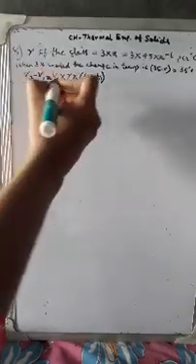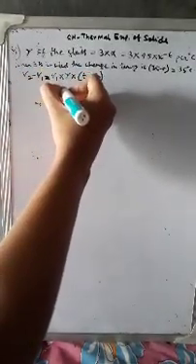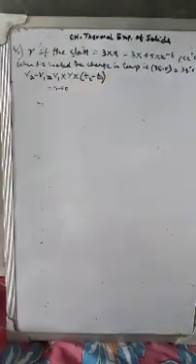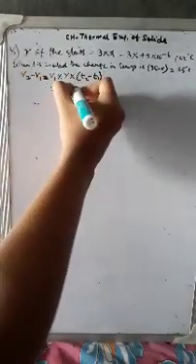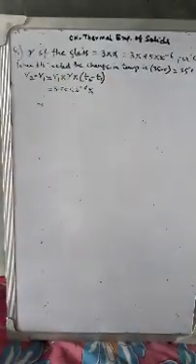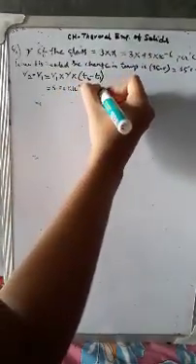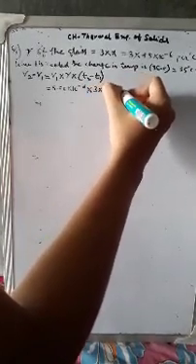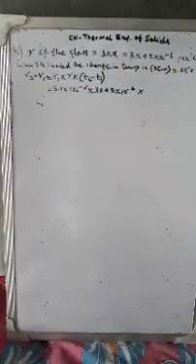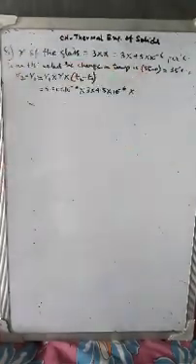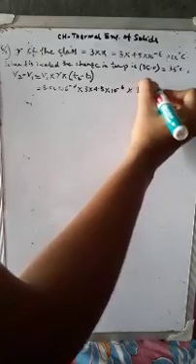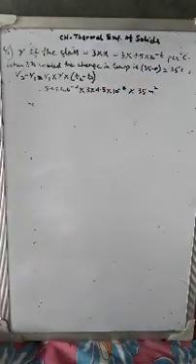For V1, we can write 5.00 into 10 to the power minus 4, into the gamma part, 3 into 4.5 into 10 to the power minus 6, into T2 minus T1, which is 35, meter cube.